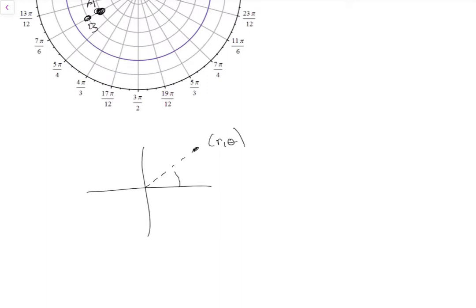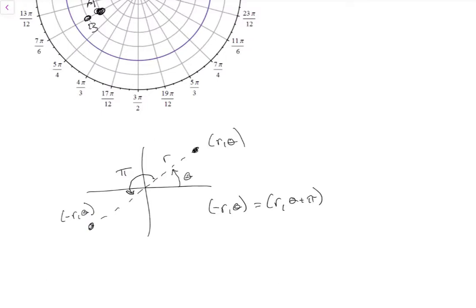So if I think of θ for this example as being a positive angle measure, here would be the point positive r. The point negative r would reflect me through the pole. So this is basically like a rotation of 180 degrees, π rotation away. (-r, θ) is the angle of r and then θ plus π.